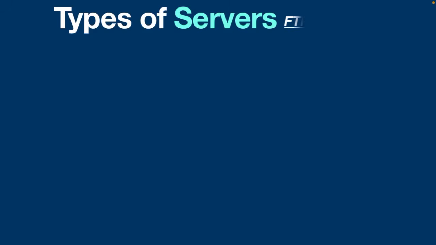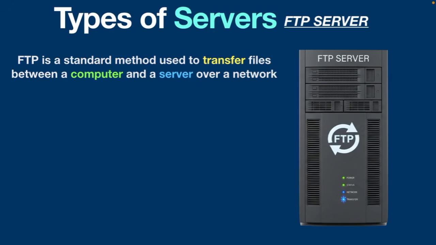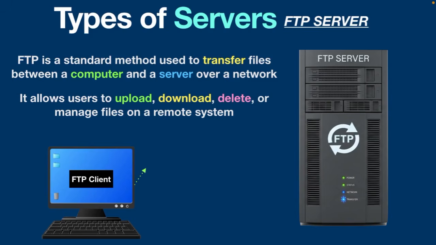Number 6. FTP server. FTP, or File Transfer Protocol, is a standard method used to transfer files between a computer and a server over a network, usually the internet. It allows users to upload, download, delete, or manage files on a remote system by connecting through an FTP client using login credentials.